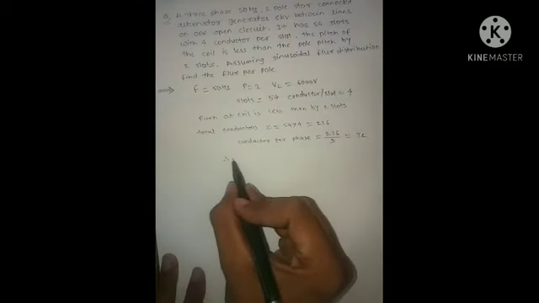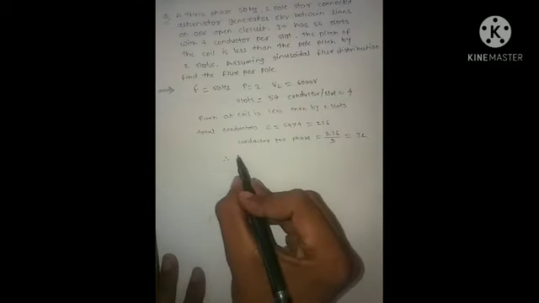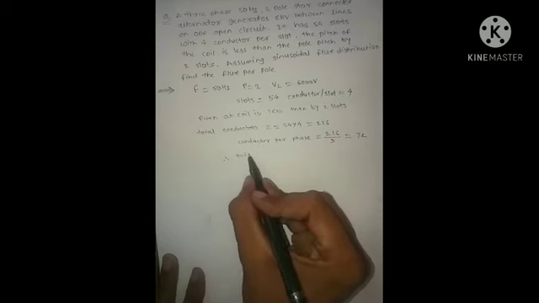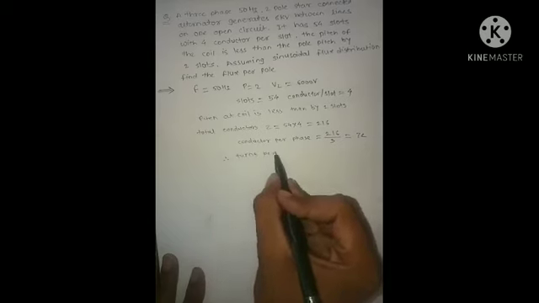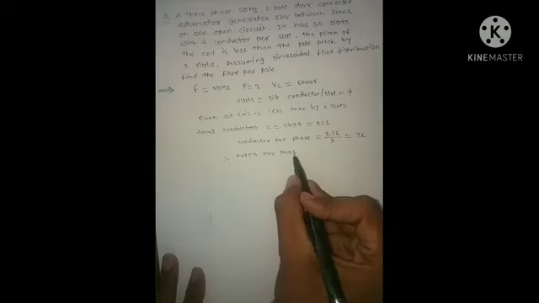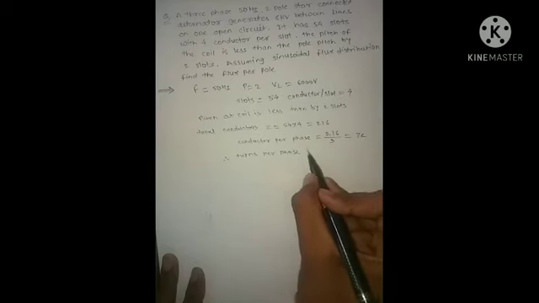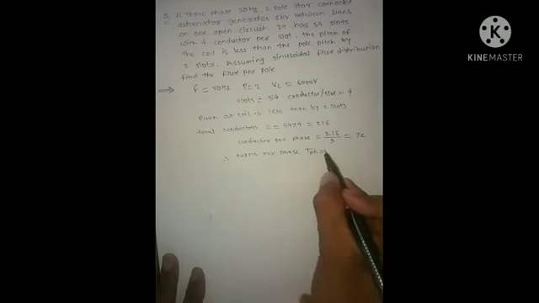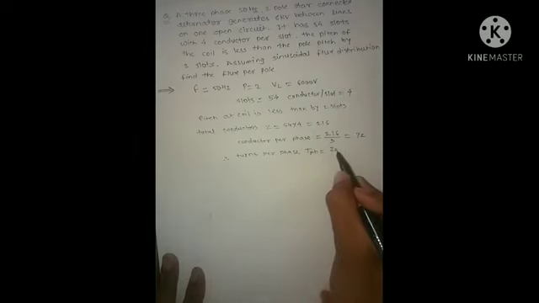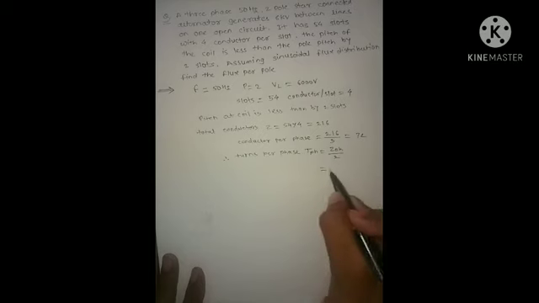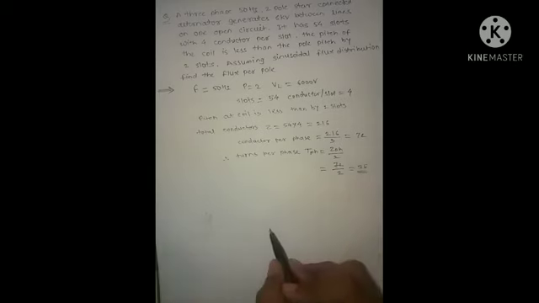Now turns per phase, TPH equals ZPH upon 2 equals 72 upon 2 equals 36 turns per phase, that is the TPH.